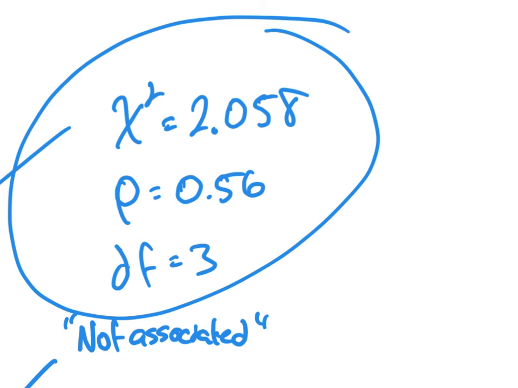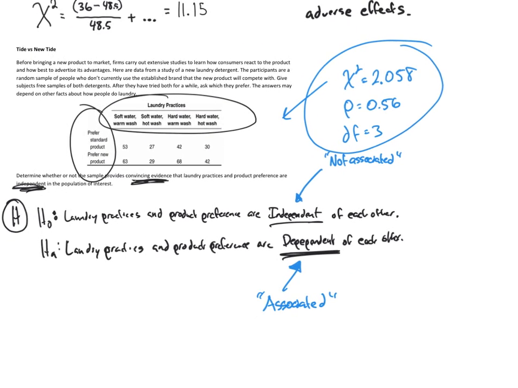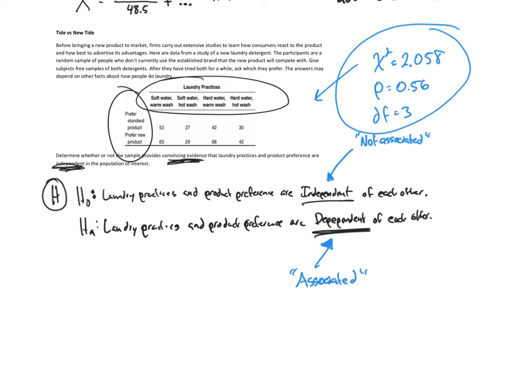So you get to pick your alpha value on this again, but if it's 10%, fail to reject. 20%, fail to reject, right? It's such a big p-value. So then we would say we do not have evidence to say that they are dependent of each other. So we would rely on the statement that, yes, we believe that laundry practices and product preference are independent of each other.